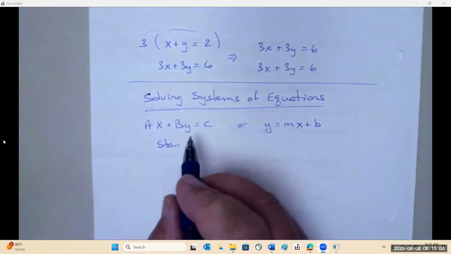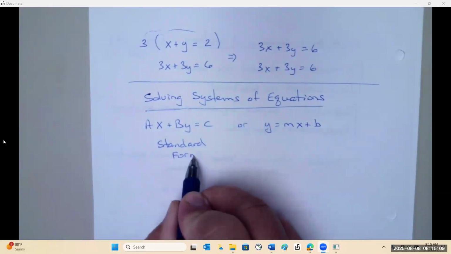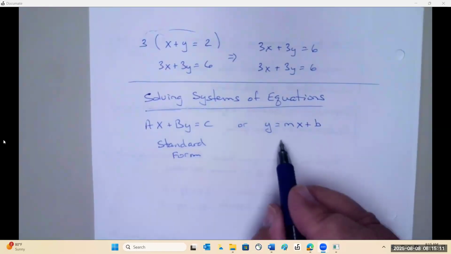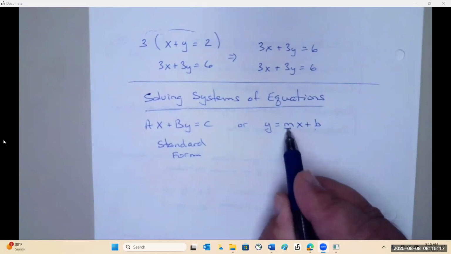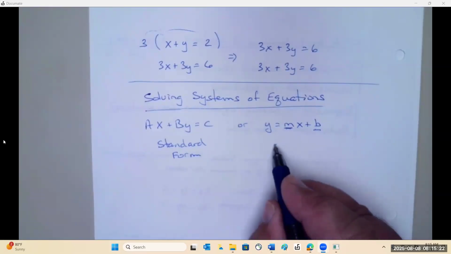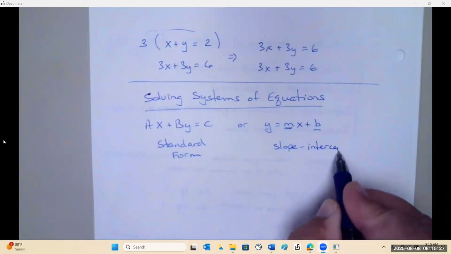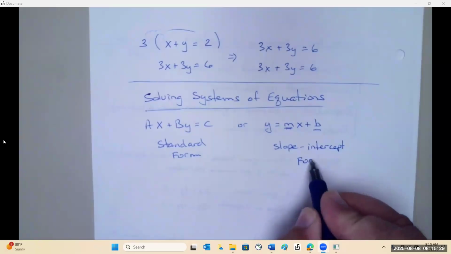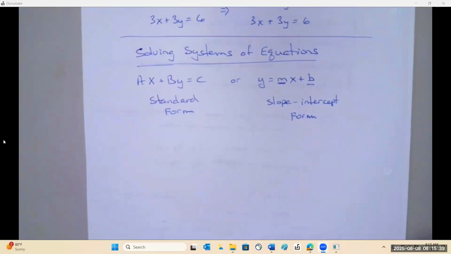General is also a good word, but it's standard. What form is this? M stands for slope. What does b stand for? y-intercept. So it's the slope-intercept form. We're only going to look at equations that look like that. Those are linear equations.